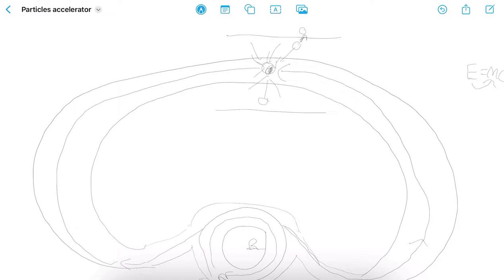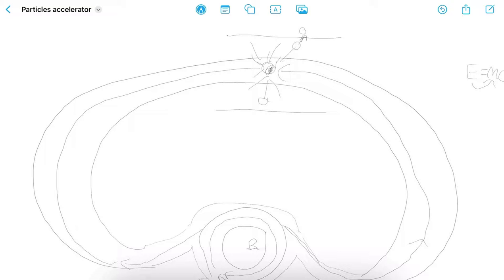For example, some normal matter is made up of protons and neutrons and electrons, and the detectors can detect the trace of those particles, but there are also some particles that the detectors may not be able to detect.